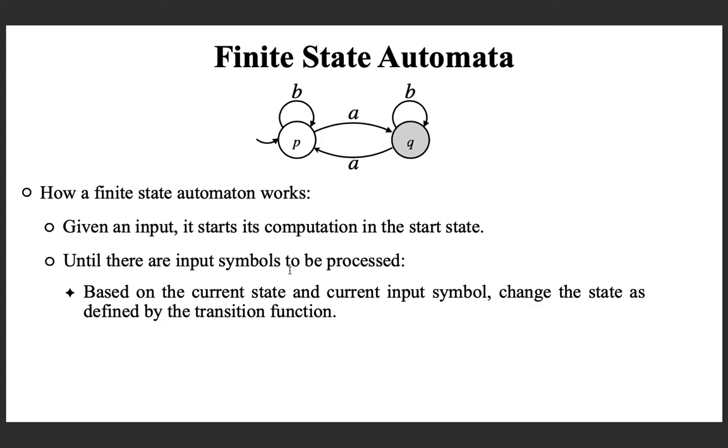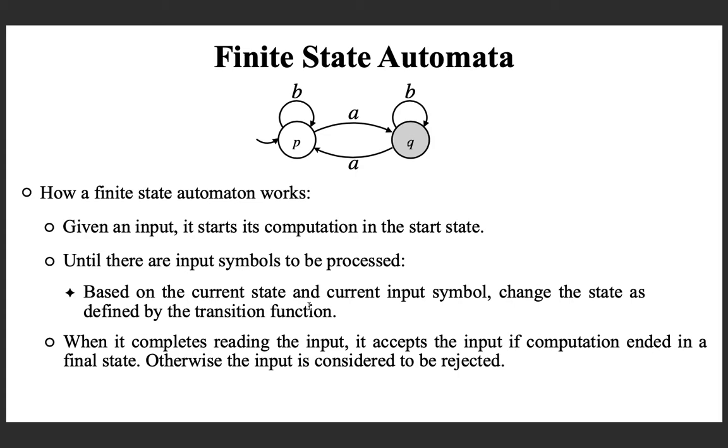Until there are input symbols to be processed, based on the current state and the current input symbol, it changes the state as defined by the transition function. So this is what it does. It starts with the start state of the automaton, and depending on the current state and current input symbol, it makes a state change.